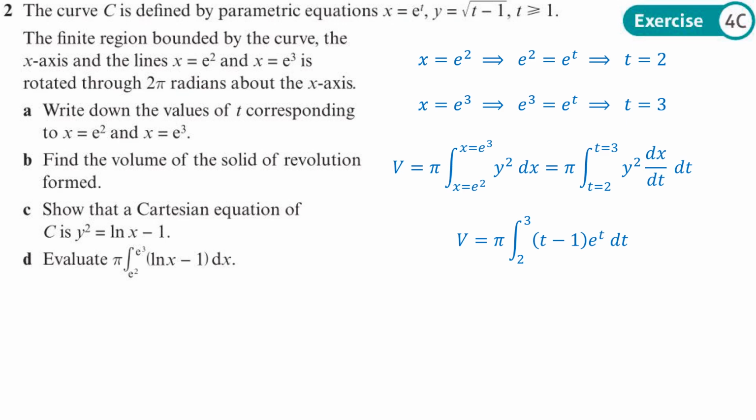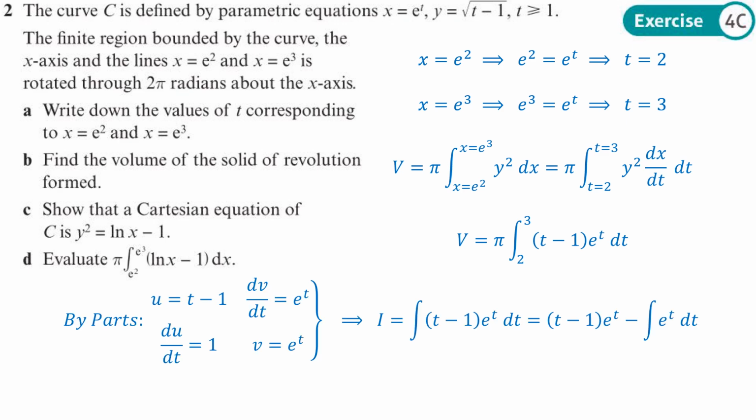And the beauty of it for something like this is that e to the t doesn't really get more or less complicated when you integrate or differentiate. So I can do what I like with that one. But t minus 1 will get much nicer if I can differentiate it. It'll reduce to a constant, and I can deal with the integral of a constant times e to the t. So it's going to be the perfect method for this.